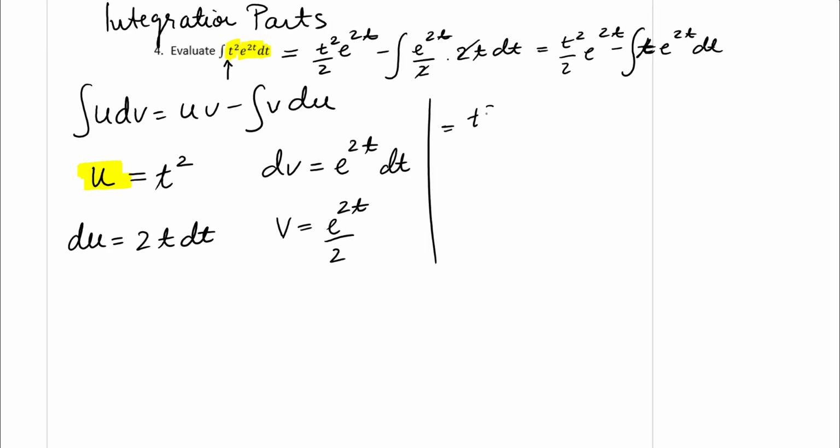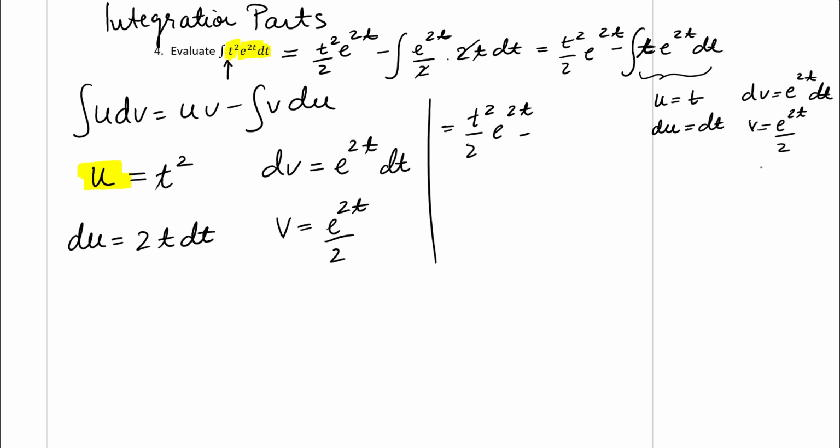So we get t squared over 2 e to 2t, and then minus, and I'm going to do the same thing again. u equals t, du equals dt, dv equals e to 2t dt, so v equals e to 2t over 2. So in our case, it's going to be minus, and I'm going to open parentheses because I'm going to obtain two terms, which are uv, so t e to 2t over 2, minus the integral of v, e to 2t over 2, du, which is dt.